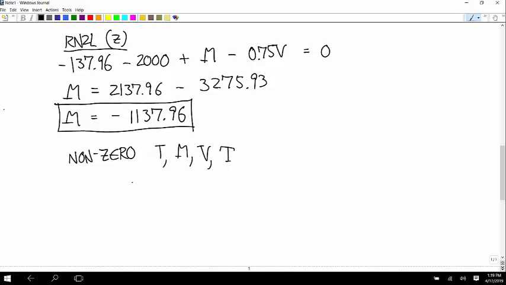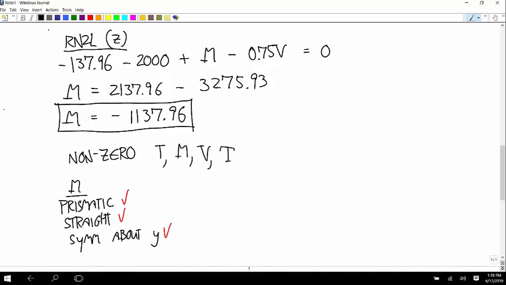I didn't really give you any of those. Bending moment: that one has to be prismatic, straight. Yep. And we're good with all those.